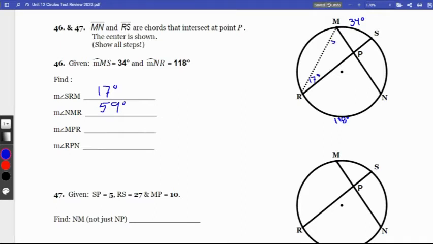I take it back. We're going to be able to do this without going through that process because we've got two of the angles inside of a triangle. So of course we can find the third angle inside of the triangle. I'll just do 180 minus 17 minus 59 and find that that angle is 104.